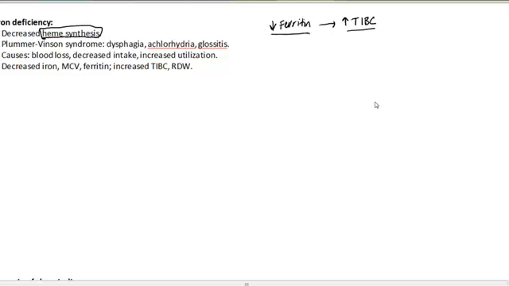A decrease in your iron stores is going to cause your liver to synthesize more transferrin. And when you have an increase in your synthesis of transferrin, that's your binding protein, so then you're going to have an increase in your TIBC.